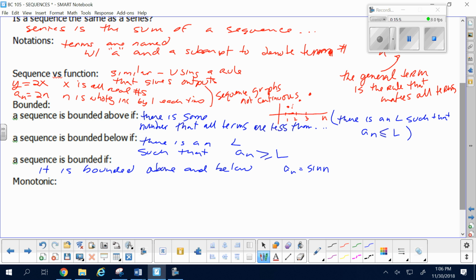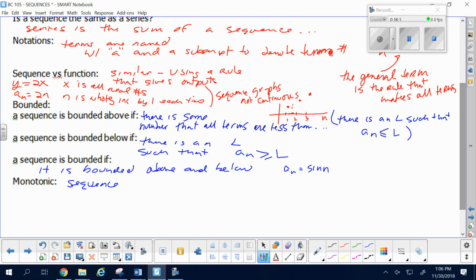Monotonic means the sequence doesn't actually have to be a sequence. You will hear functions called monotonic. If a function is called monotonic, that really refers to the derivative being one sign. And if the derivative is one sign, then the function must always be increasing or always decreasing.